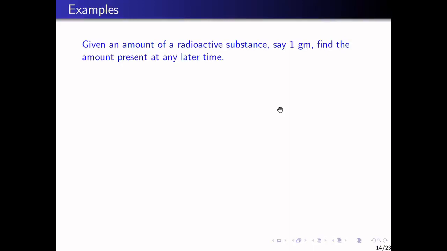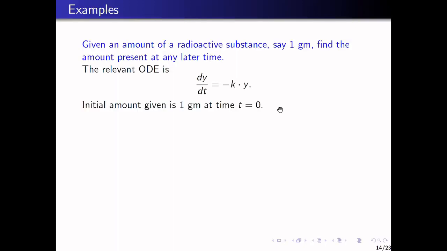So y0 is equal to 1. That is the initial condition given. The differential equation you can recall from before is dy by dt is equal to minus k times y, where k is the decay constant. So the initial condition here is y of 0 is equal to 1.